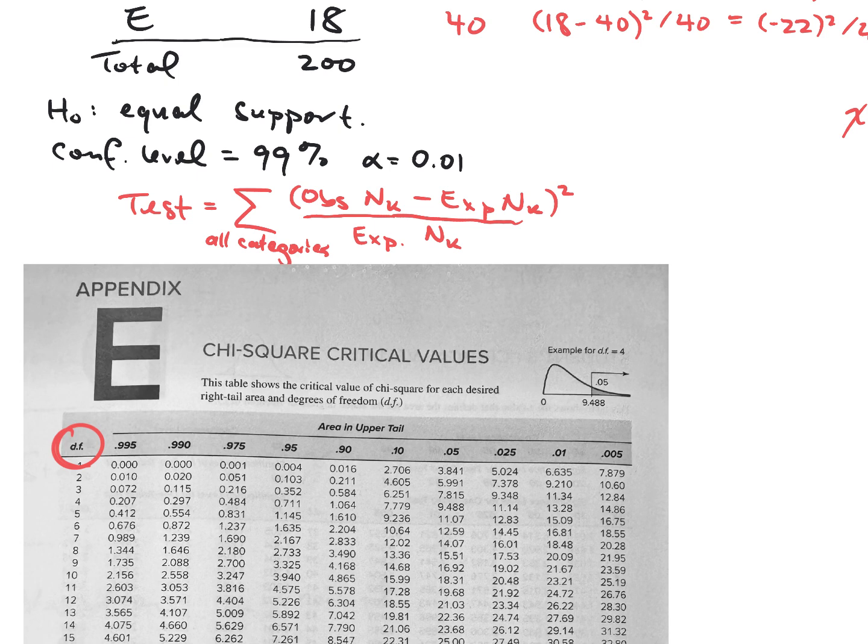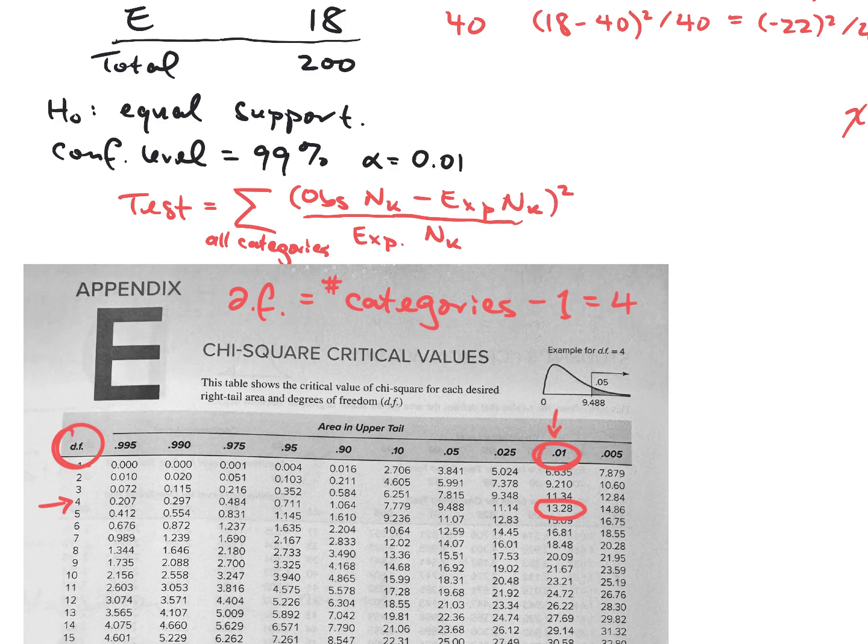Formula says degrees of freedom are equal to number of categories minus 1. So we had 5 categories minus 1, 4 degrees of freedom. We want to test this with 99% confidence, so alpha equals 0.01. So we read down this column, and we have a critical value of 13.28.